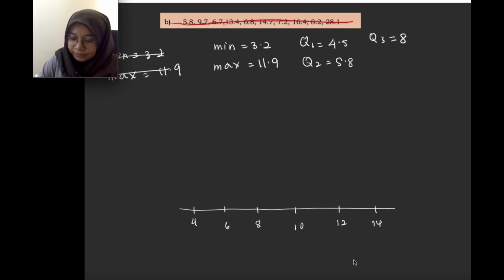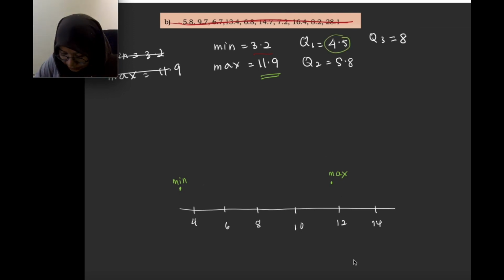Minimum is 3.2, so 3.2 is around here. This one is the minimum. Maximum is 11.9, so around here is your maximum. Q1 is 4.5, around here.